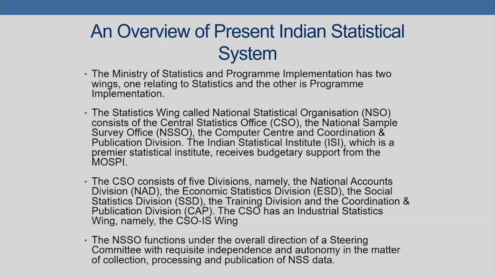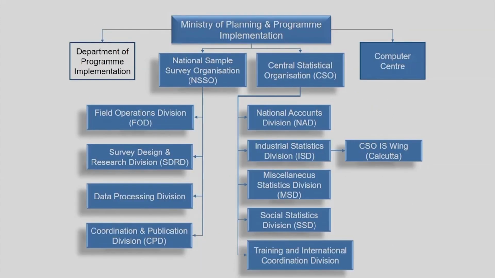The CSO consists of 5 divisions: the National Accounts Division, Economic Statistics Division, the Social Statistics Division, Training Division and Coordination and Publication Division. CSO also has an industrial statistics wing, namely the CSO-IS wing, and the NSSO functions under the overall direction of a steering committee with requisite independence and autonomy in the matter of collection, processing and publication of NSS data.